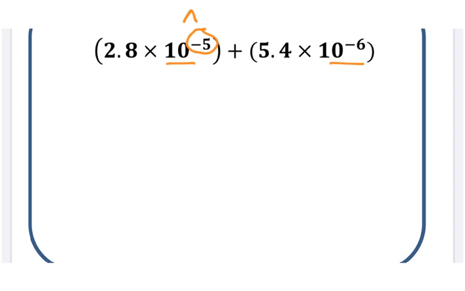Okay, and then we would do plus parentheses 5.4 times 10. Again, you're going to raise that to the -6, and then you would close the parentheses. So you have to type it in exactly with that. Sometimes it's not always going to have the parentheses, but you need to make sure you have them. And then you would just hit equals.